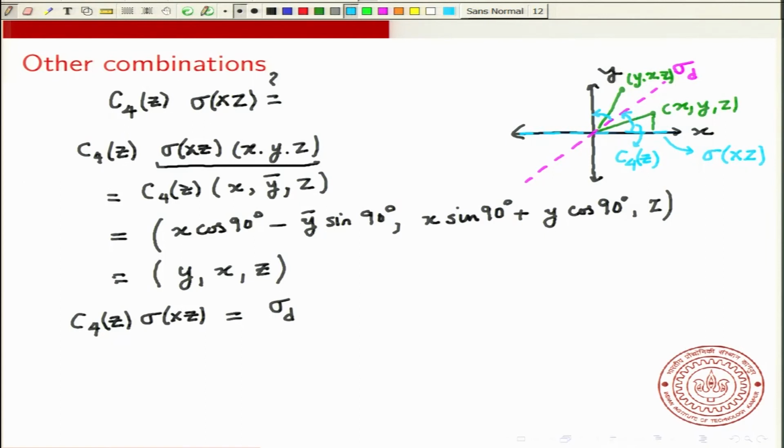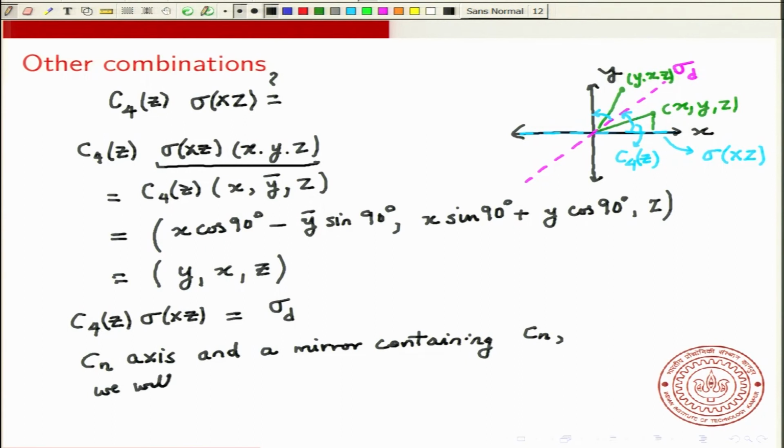And you can continue and generate more mirrors. What is to be kept in mind is that you can actually show that if you have a Cn axis and a mirror containing Cn, then you will get n minus 1 more mirrors.